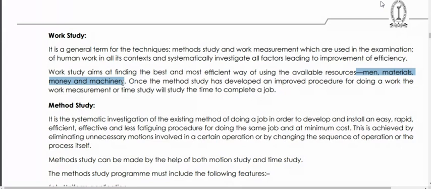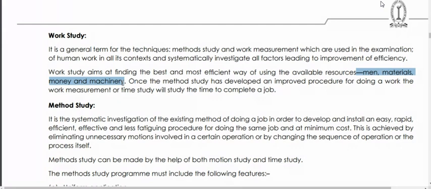Also, when I generate a maximum output, then that maximum output should give me maximum profit. So I have two objectives when I study the paper of operations management. One is achieving maximum profit with minimum cost, and one is achieving maximum production with minimum cost.